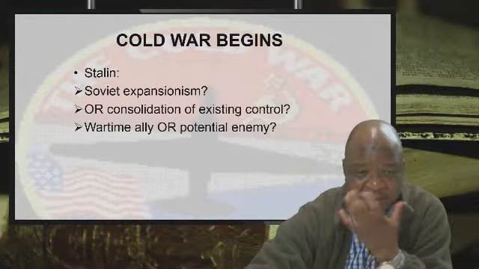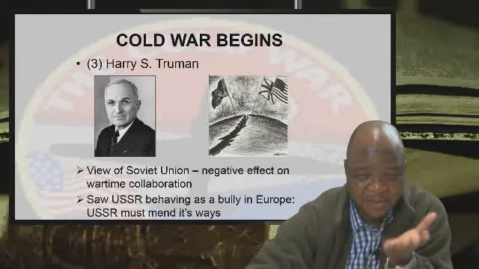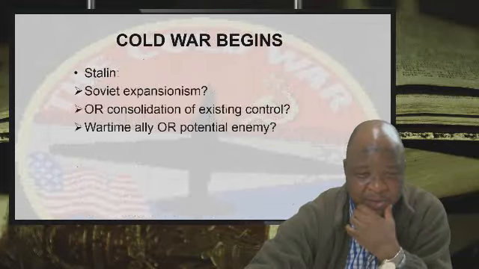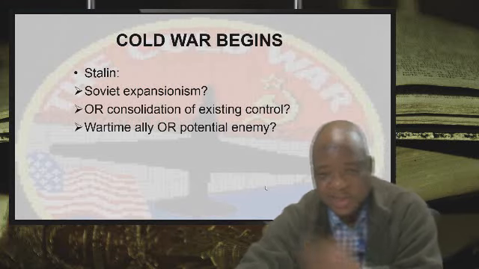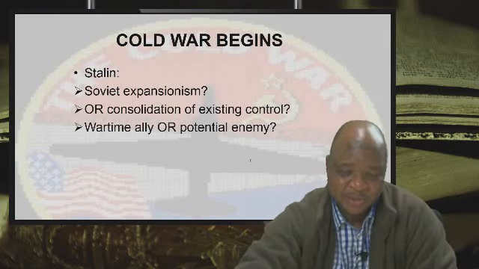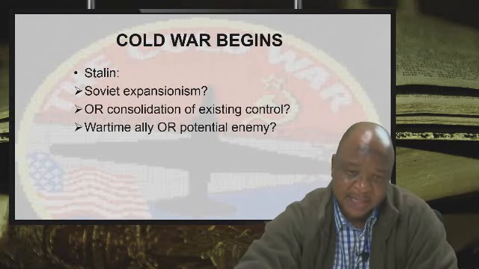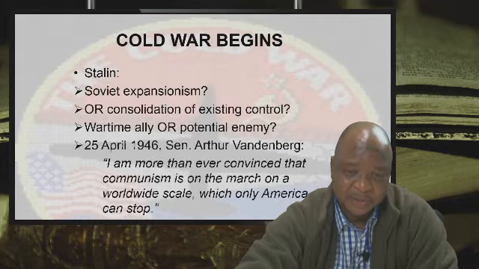And then this is Stalin at the same time. When these were the views of Harry Truman, these were the views of Stalin, who wanted Soviet expansionism and to consolidate the existing control over the satellite states that she was already owning.